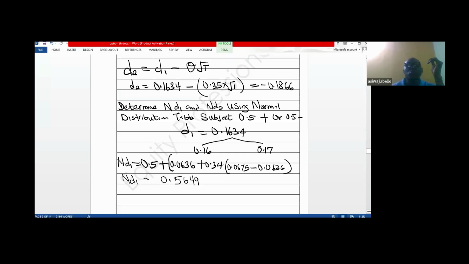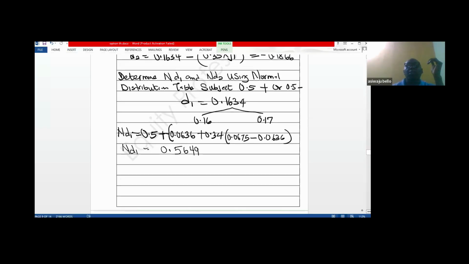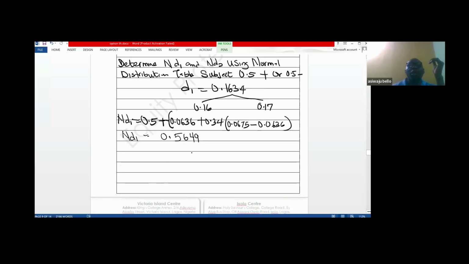Move to your D2. Your D2 figure is equal to negative 0.1866. Again, establish a range. This figure is between 0.18 and 0.19.